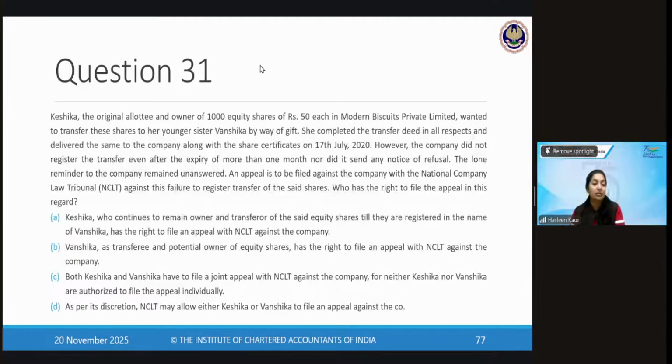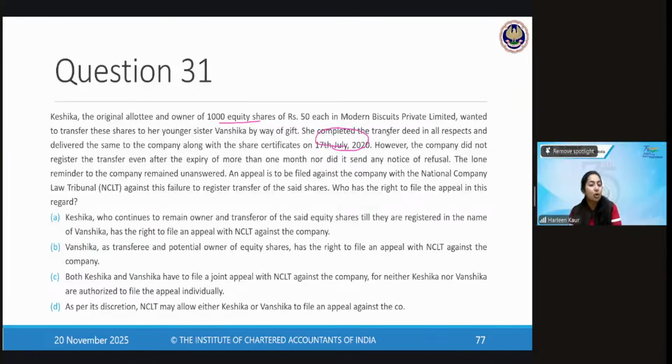Let's read the question once again carefully because many of you have made a mistake. Kashika, the original allottee and owner of 1,000 equity shares, wanted to transfer the shares to her sister as a gift, and she completed the transfer in all respects and delivered it on 17 July 2020.